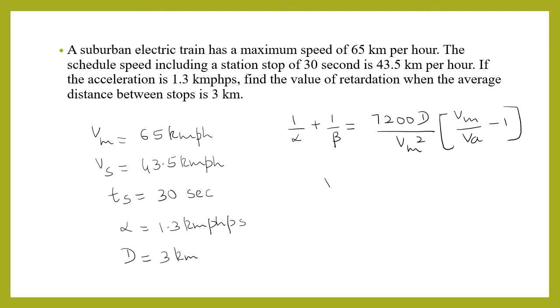Va is equal to 3600 D by T. So T has to be calculated from the equation of schedule speed Vs equal to 3600 D by T plus Ts.